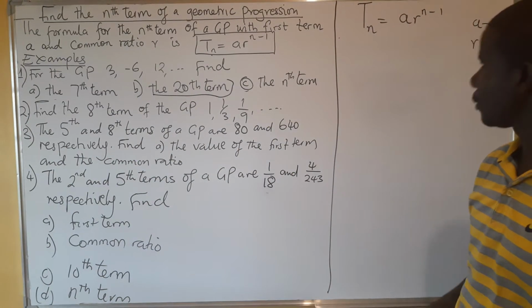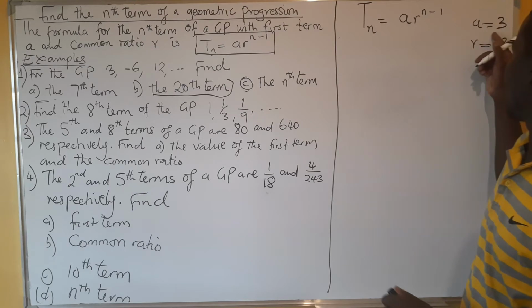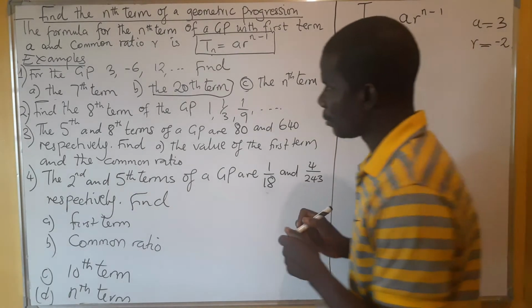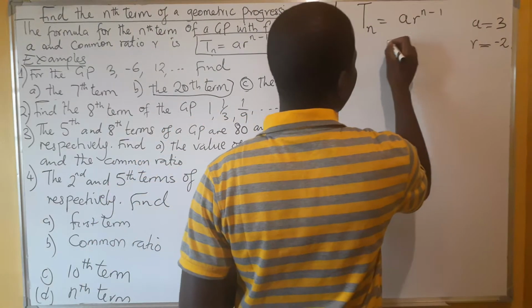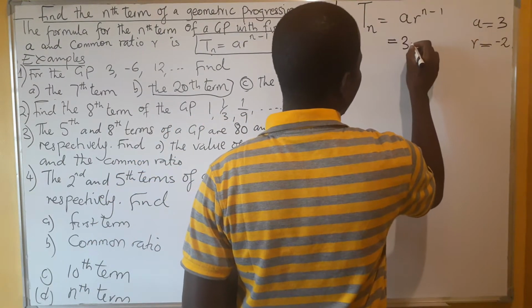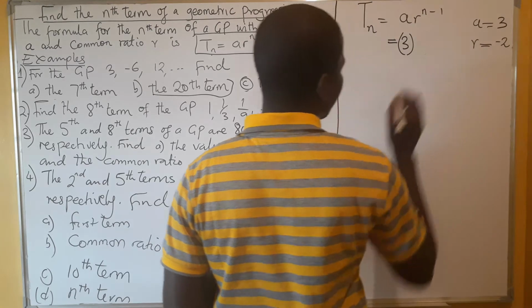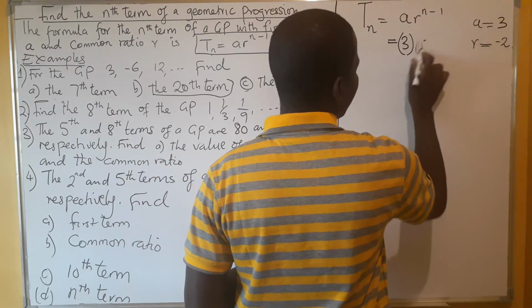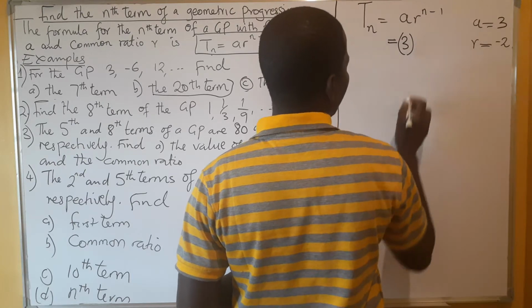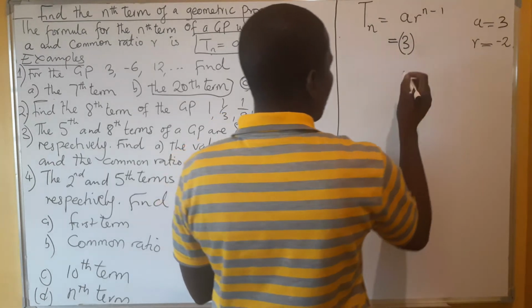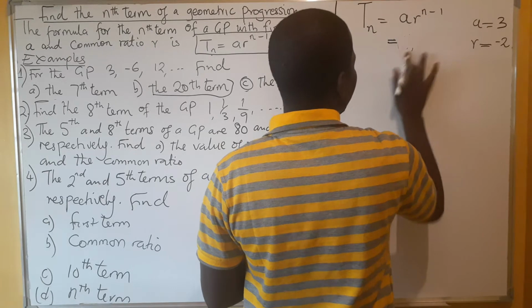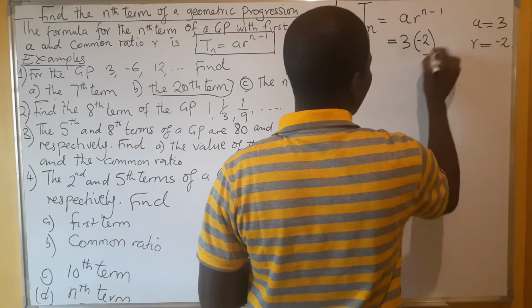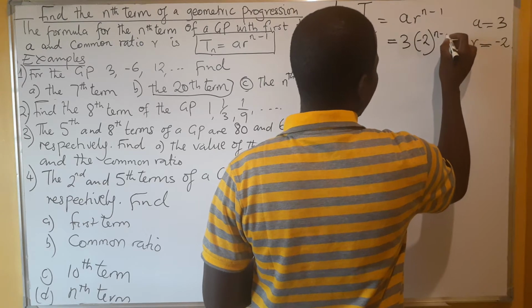Since we know what our A is and our R is, we can bring our 3 here. We write the 3 like this. Then we say our R is -2. Then we say n minus 1.